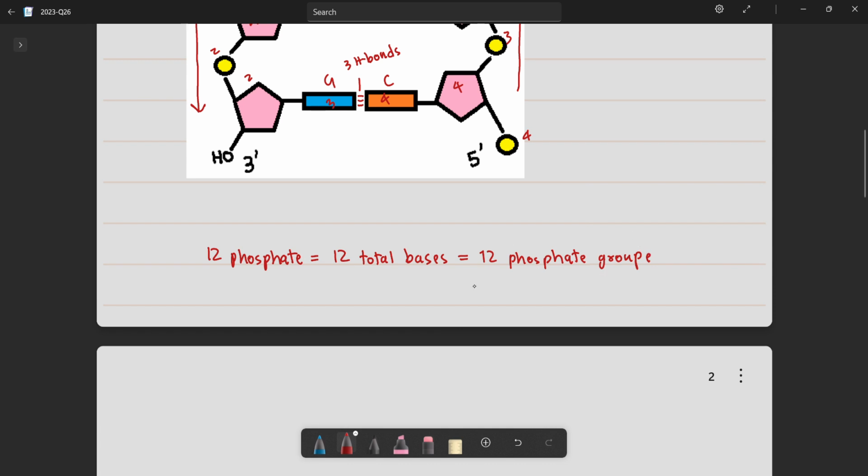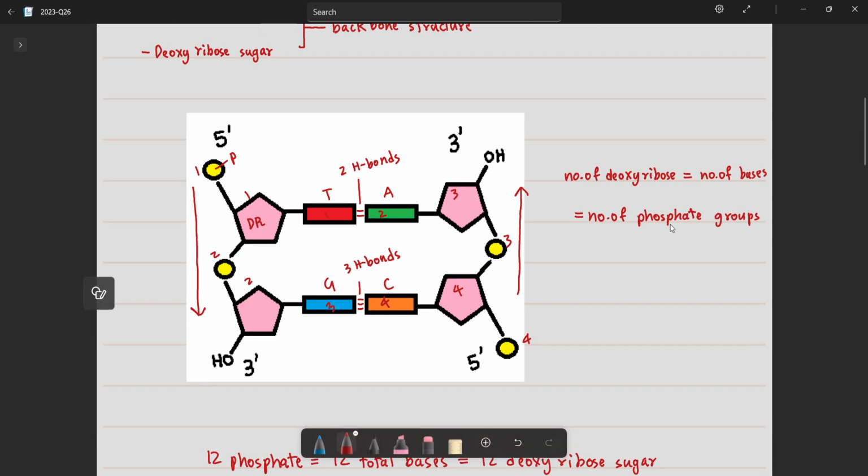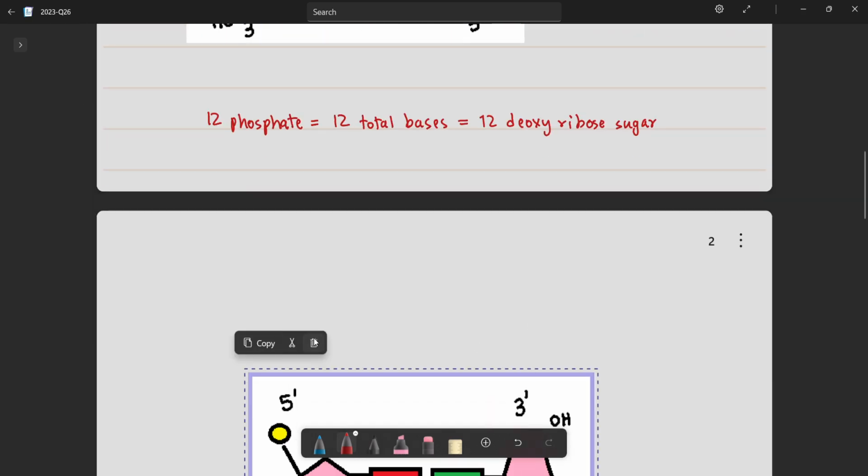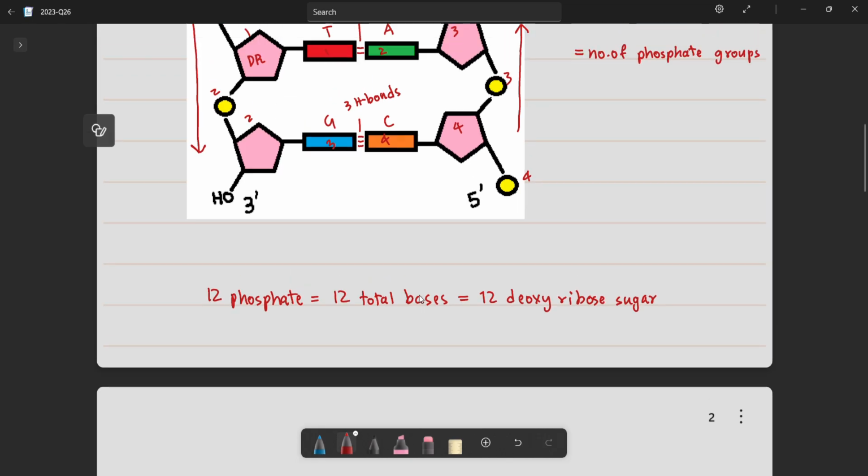So this is one thing that must be clear: 12 phosphates, 12 total bases, and 12 deoxyribose sugars. This is one rule that you must be very well versed with, or else you may not be able to solve this question.